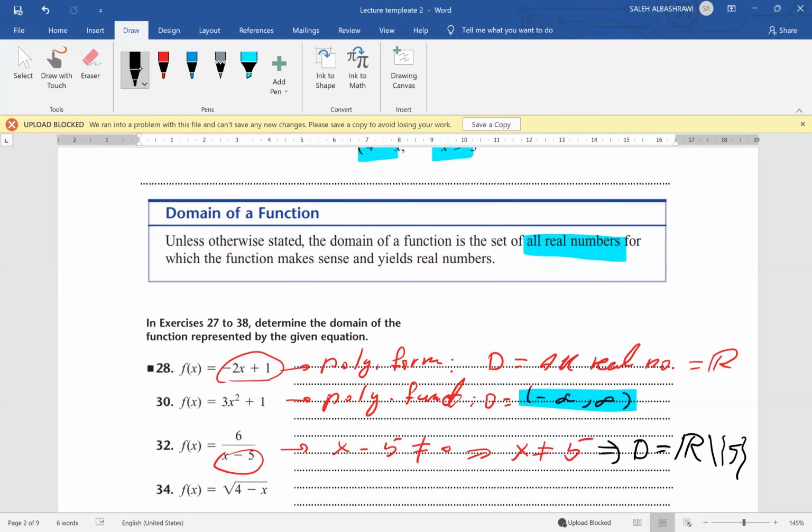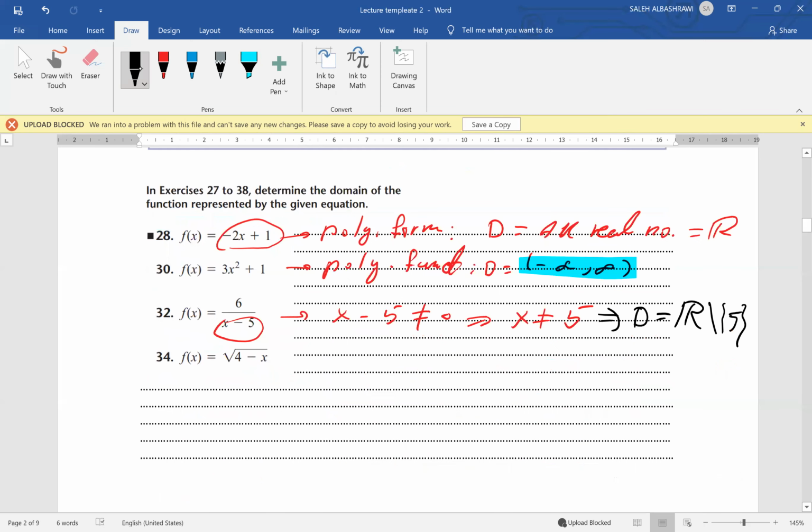For the fourth example, I have f of x equal to square root of 4 minus x. We know that for the square root, what is inside must be greater than or equal to 0, because the square root of negative numbers will be complex, and these are not real values.